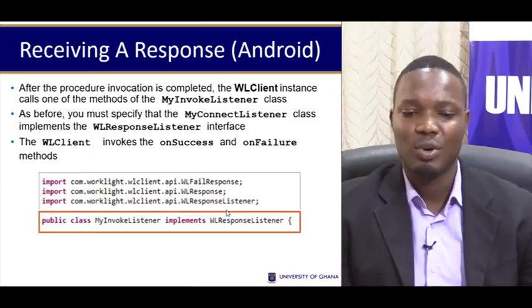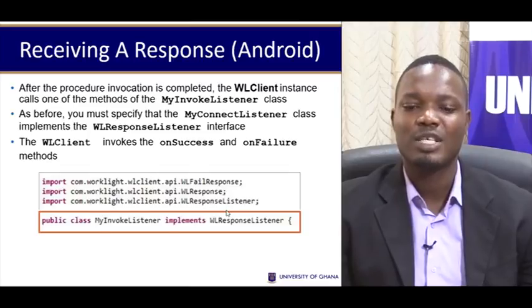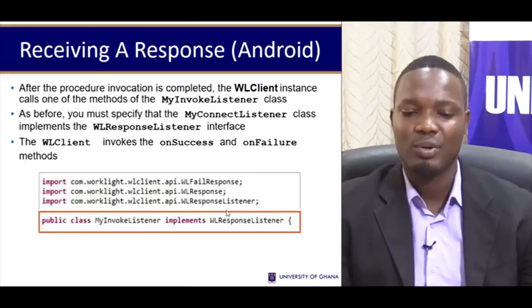In receiving the response, after the procedure invocation is complete, the WLClient instance calls one of the methods of the MyInvokeListener class. Now, as before, you must specify that the MyInvokeListener class implements the WLResponseListener interface. So this is what's going to allow you to actually receive the response and process that.